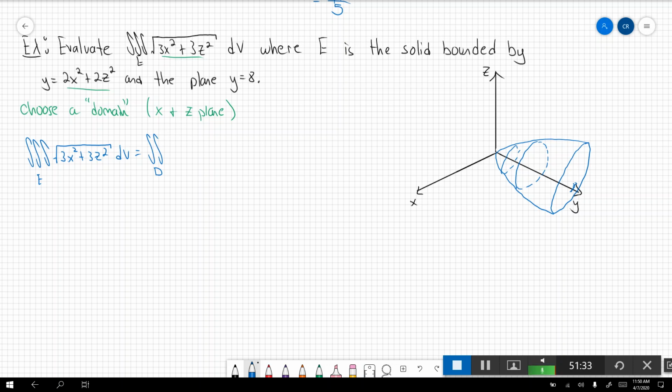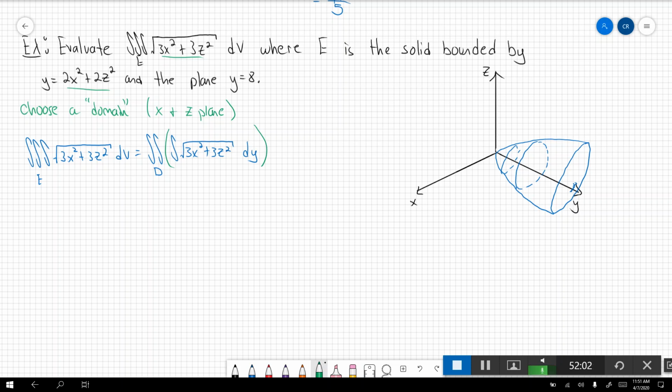But my innermost integral is going to be with respect to the variable that I am not choosing for the domain, which is y. So in here, this is still going to be 3x squared plus 3z squared, and I'm going to integrate this with respect to dy.